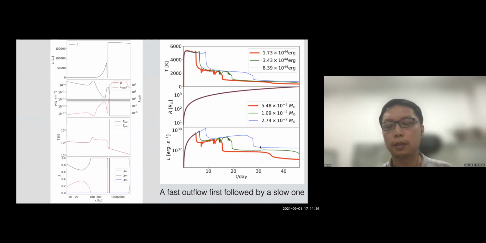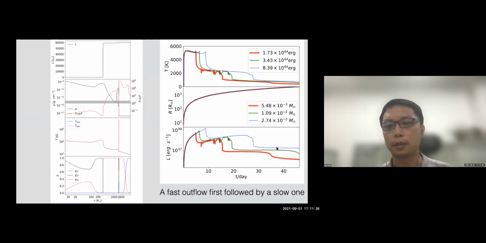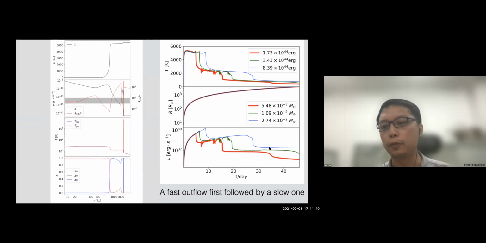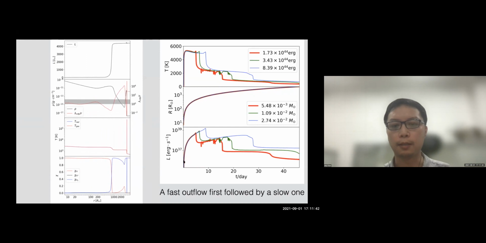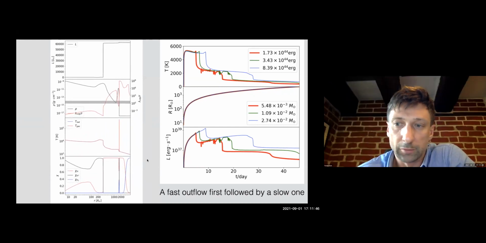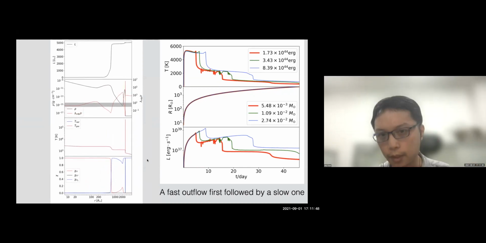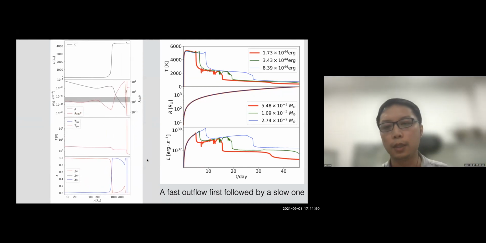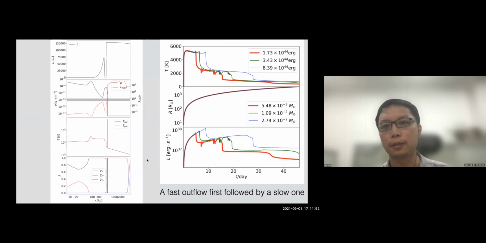And at last the atoms become fully molecular. Thank you, this is all of my talk. This result is rather preliminary, and we are going to write a paper about this later.